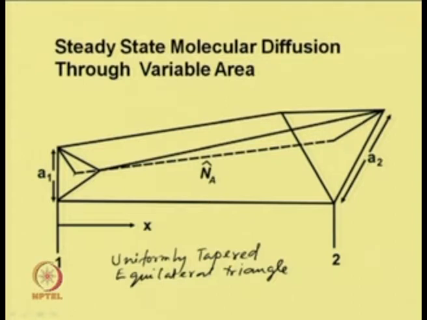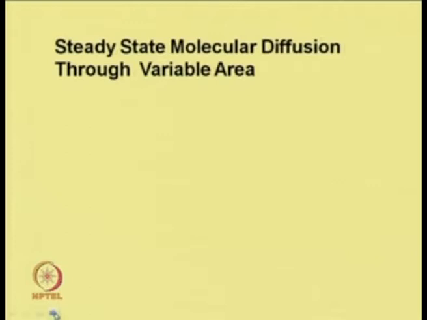If we consider this is point 1 and this is point 2, the length of the side of the triangle is A1 at point 1 and A2 at point 2. So, the relations between this side of the triangle, which is gradually increasing from the left hand to the right hand, we can write. So, area will be half into side into altitude.